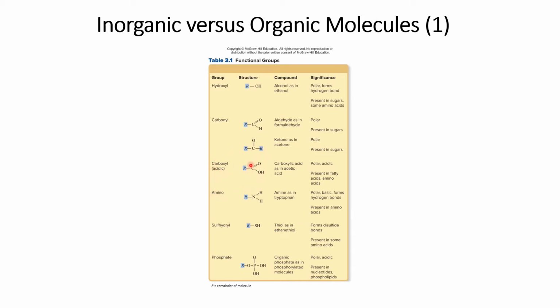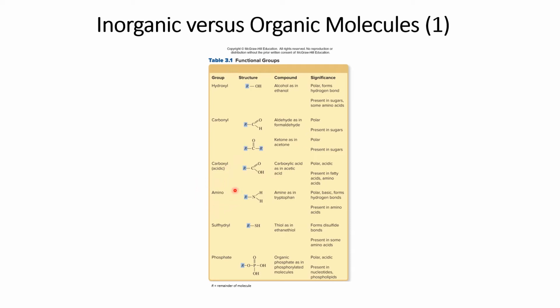But it's this whole thing, the COOH. It's polar, but it's also acidic, so it'll lose that hydrogen when it's in solution. It's the functional part of a fatty acid, and it's common in amino acids. So when we get to those, look for the carboxyl group.